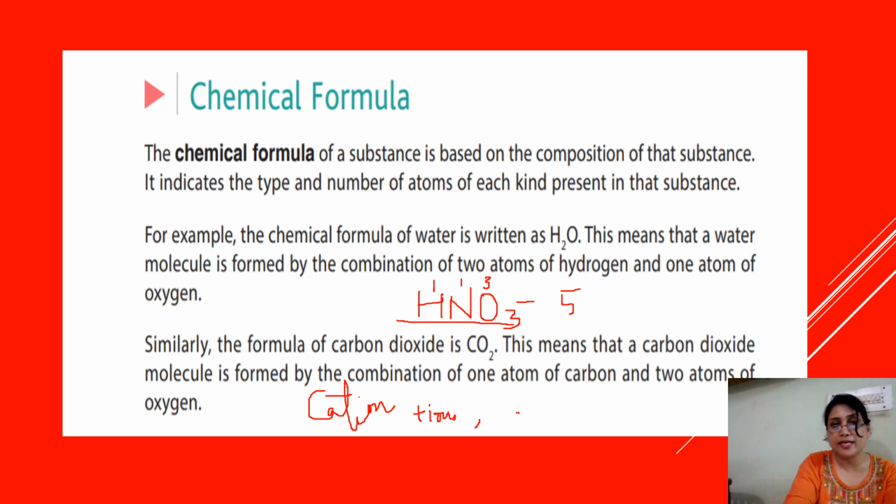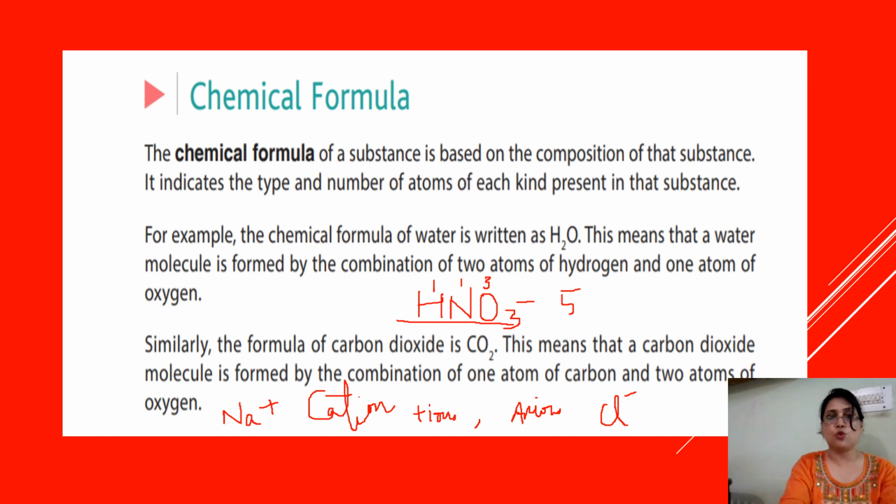And anions are negatively charged. One example you can see in the book is Na plus. This is a cation. And if we talk about an anion, a simple example is chlorine.